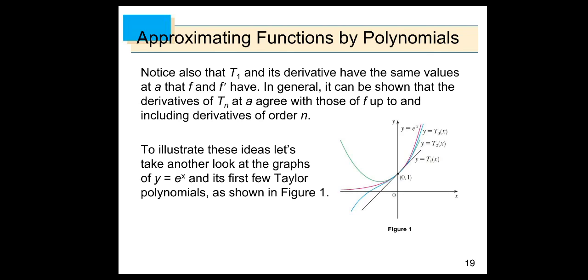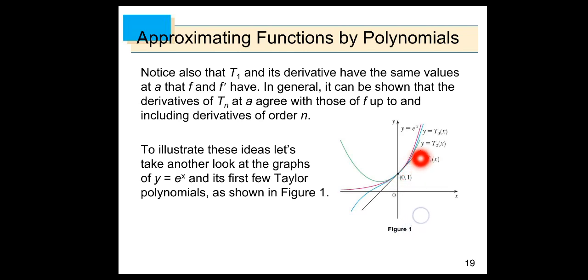The graph of t1 is actually a tangent line, at the point 0, 1. This tangent line is the best linear approximation at t1.